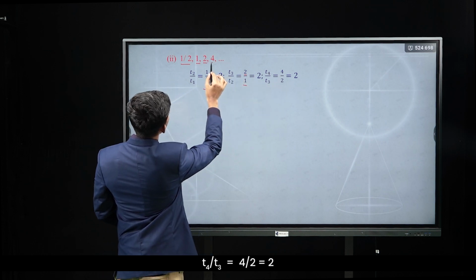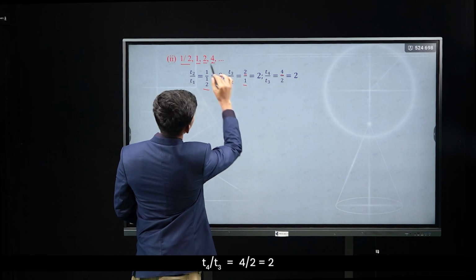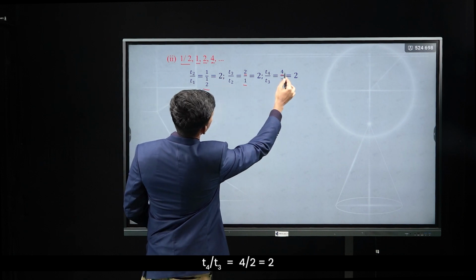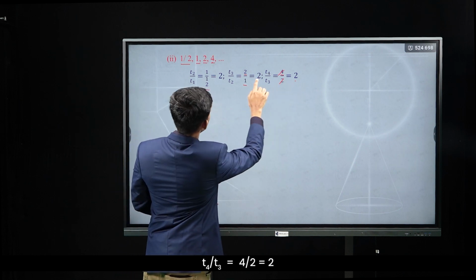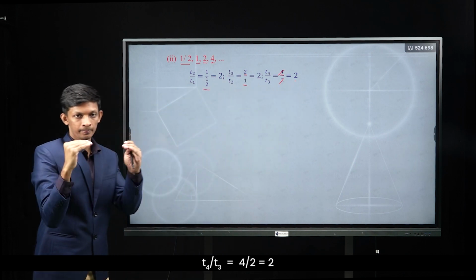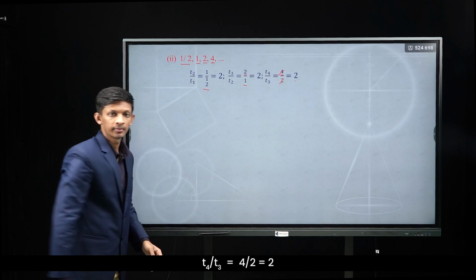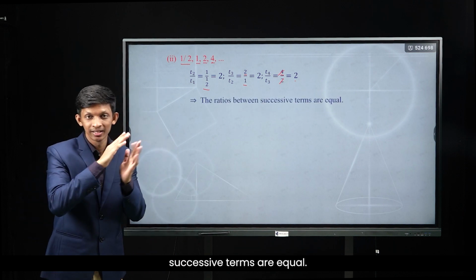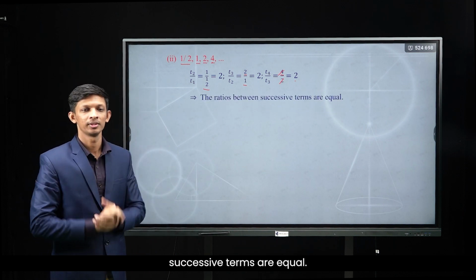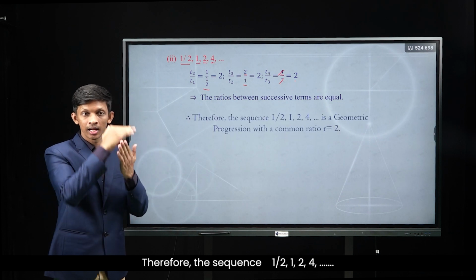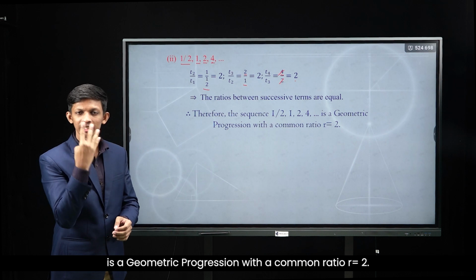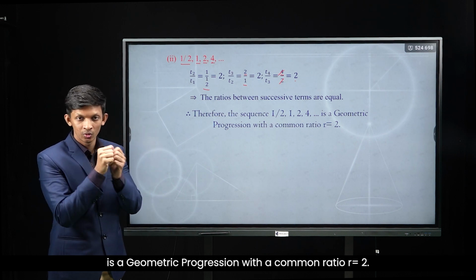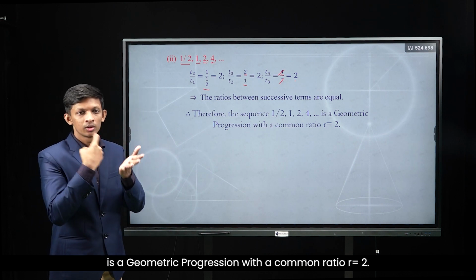T4 by T3 is equal to 4 by 2, which is equal to 2. Here the ratios between successive terms are equal. Therefore, the sequence 1 by 2, 1, 2, 4, and so on is a geometric progression with a common ratio R equal to 2.